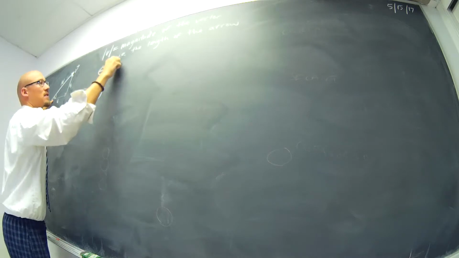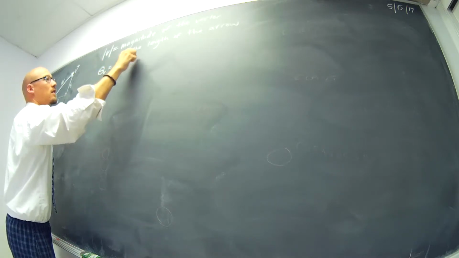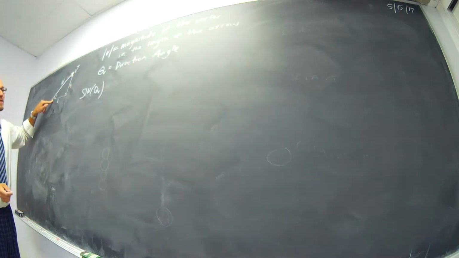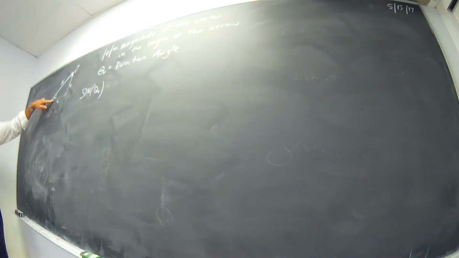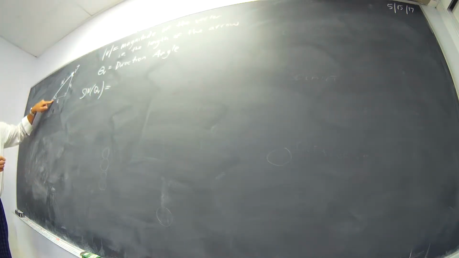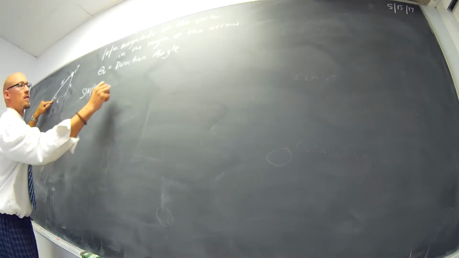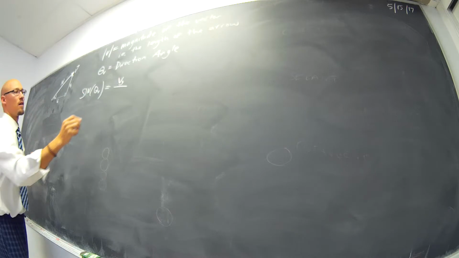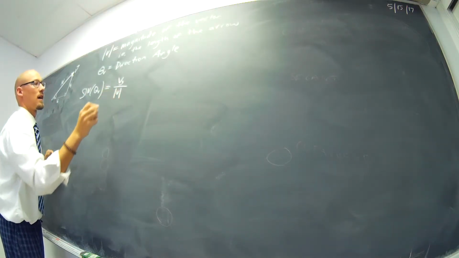This is called your direction angle. Theta sub v is your direction angle. So if we take the sine of your direction angle, it's going to be opposite over hypotenuse, which is what? Vy over v, or v sub y over the magnitude of v. Excellent.